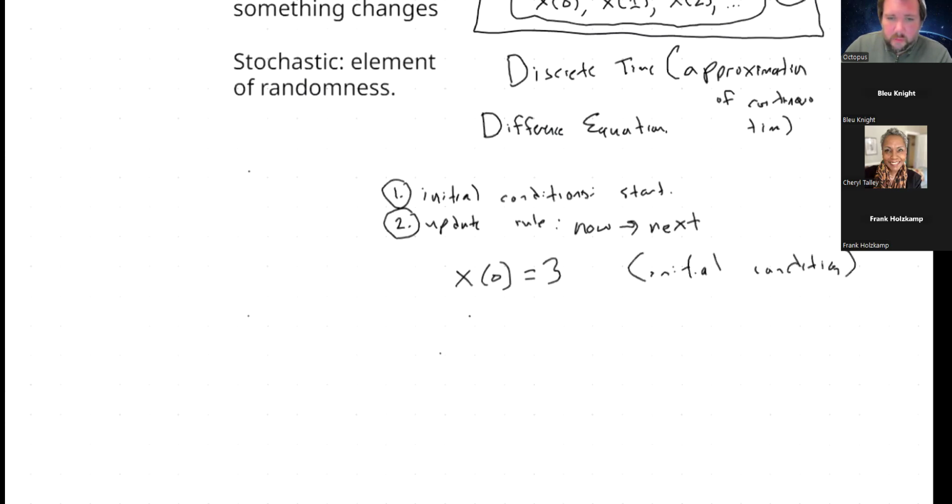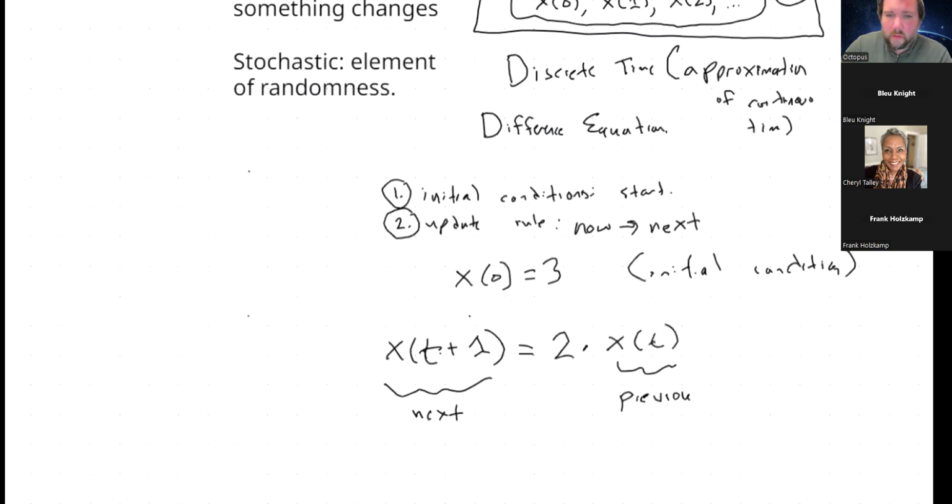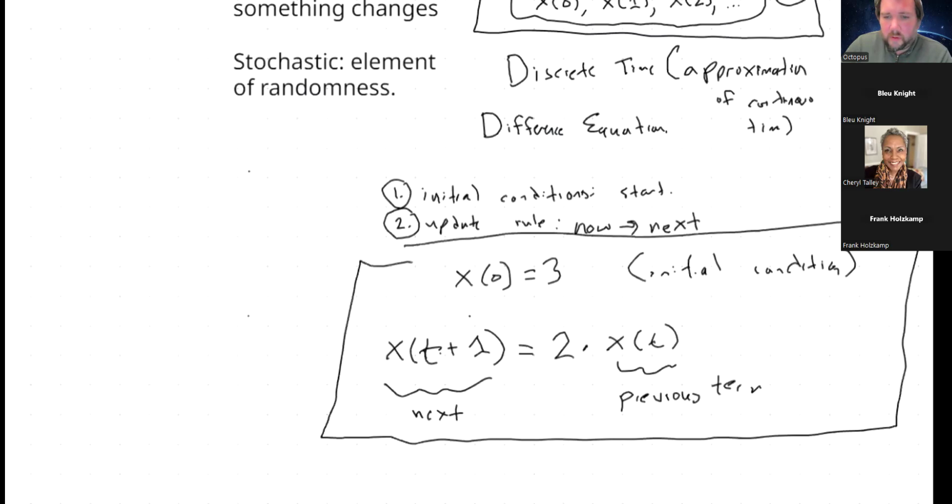And then my update rule will be x of t plus 1, which is my next term, will be given by 2 times x of t, which is the now term. So I start with 3, and every time step I double whatever I currently have.